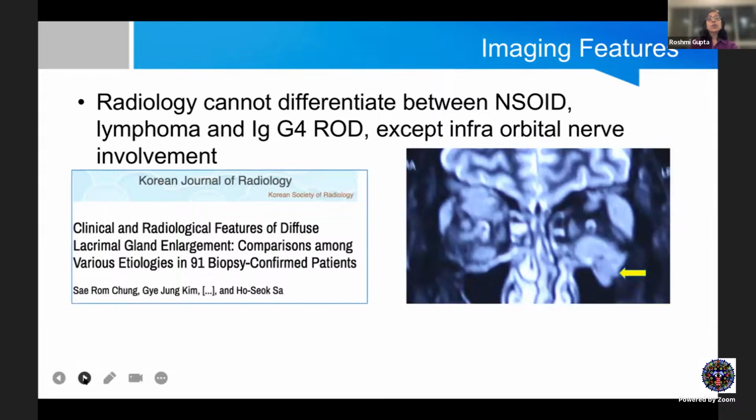Radiology, however, cannot differentiate between non-specific orbital inflammatory disease, lymphoma, and IgG4-related disease, except for infraorbital nerve involvement. If you will recall, the gentleman in the center, when we were looking at the different manifestations, had this infraorbital nerve thickening.